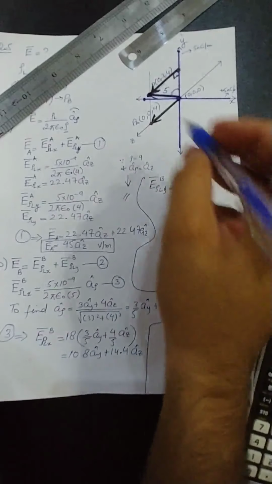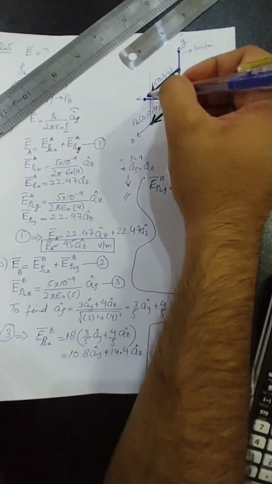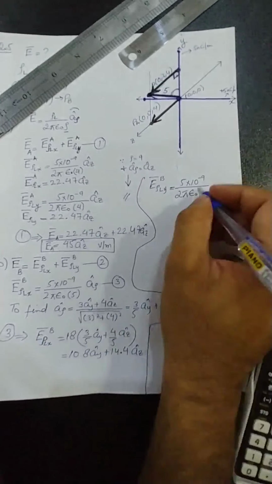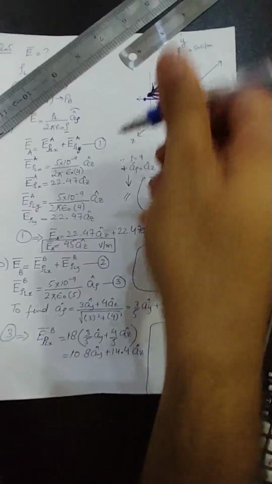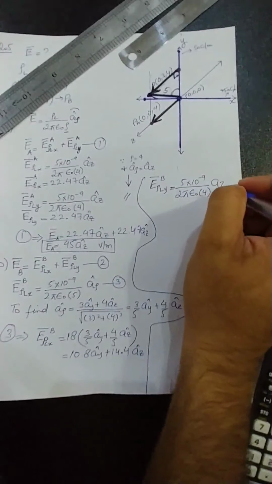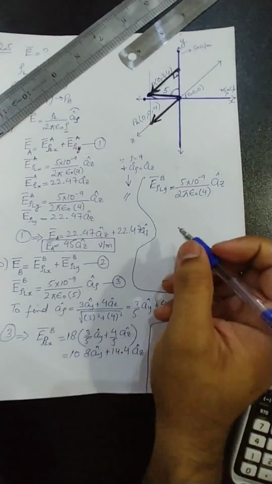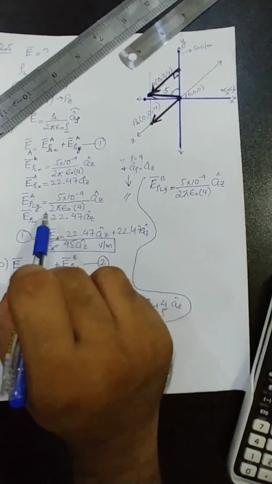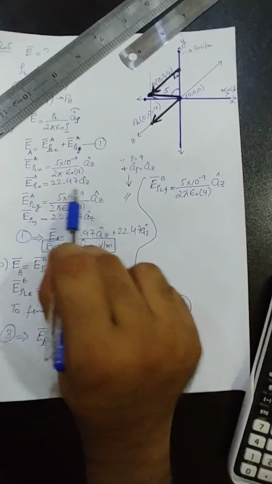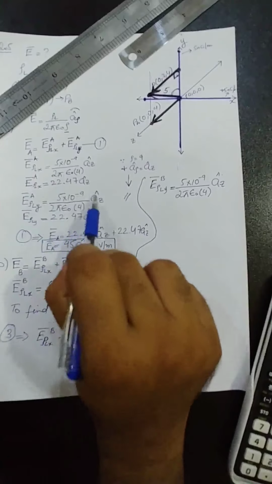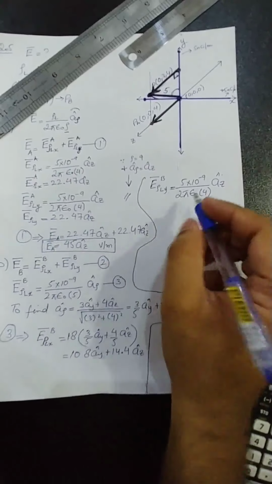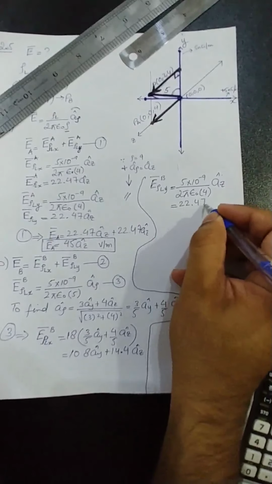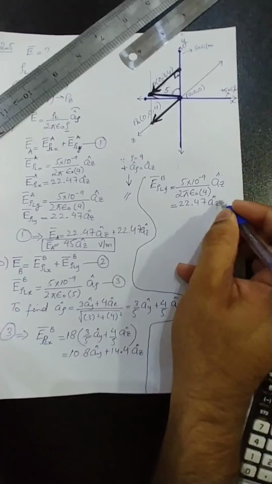The length from here to here is 4, and the direction is az. If you see, we have the same problem and the same expression here, so we don't need to recalculate that. This is what we will get.